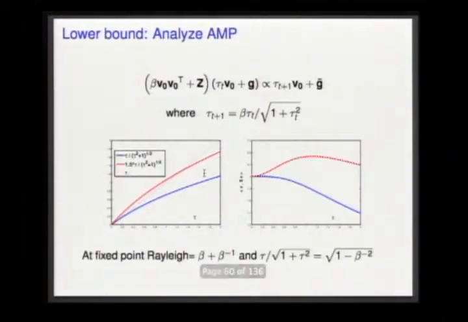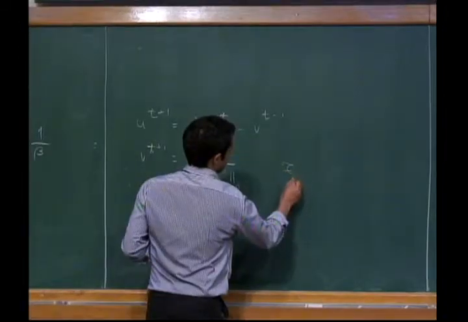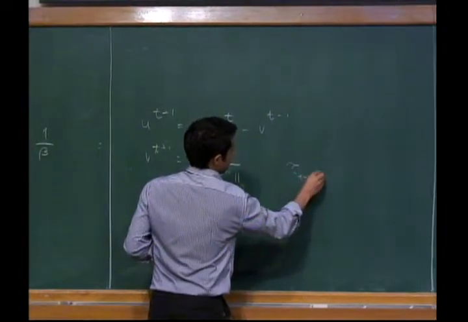And if you continue this reasoning, you get a sequence of real numbers tau_t that satisfies this iteration equation. So we have tau_{t+1}, which is a function of tau_t.